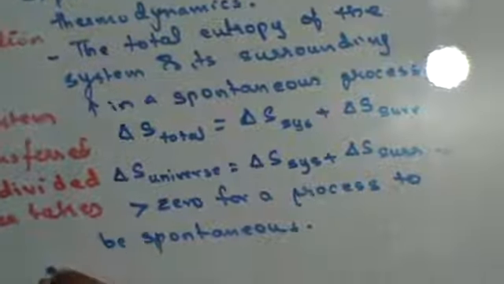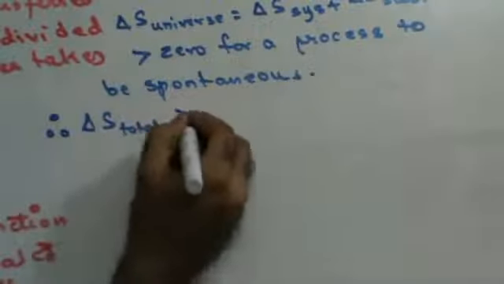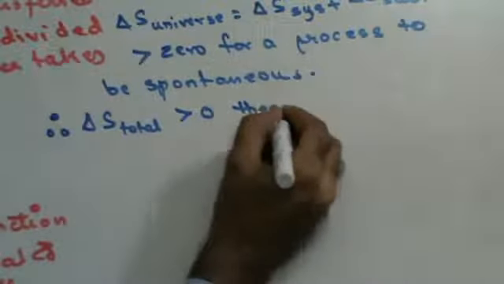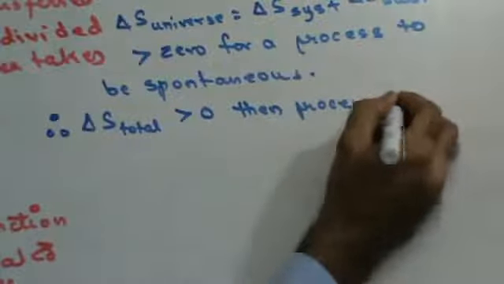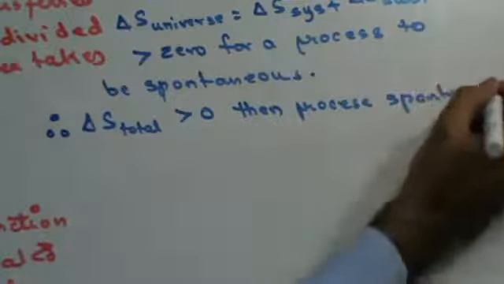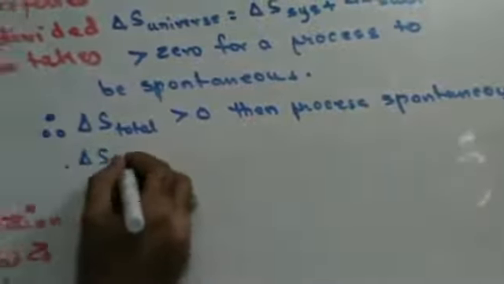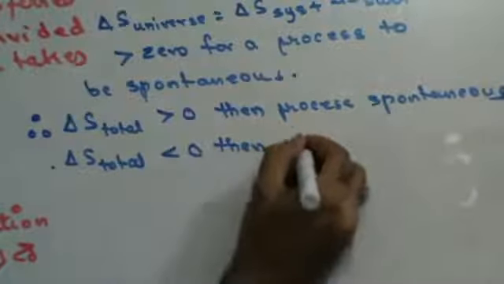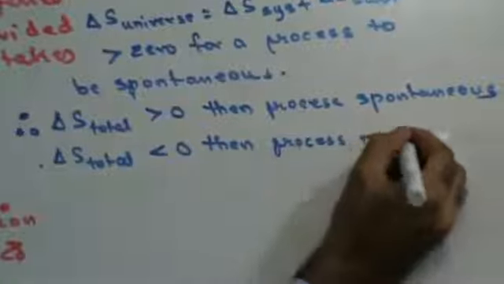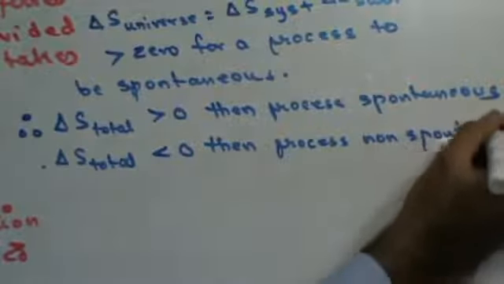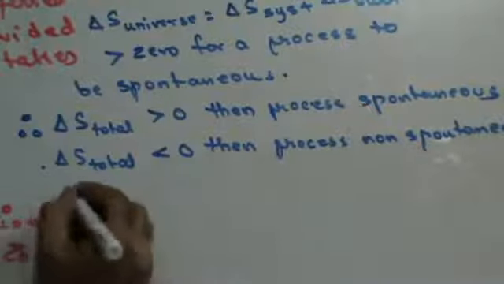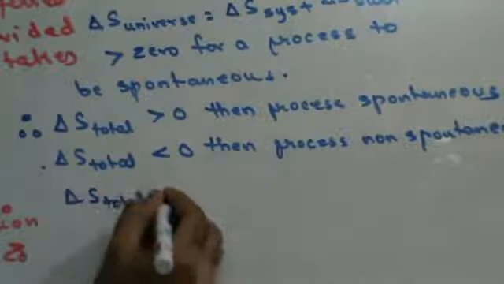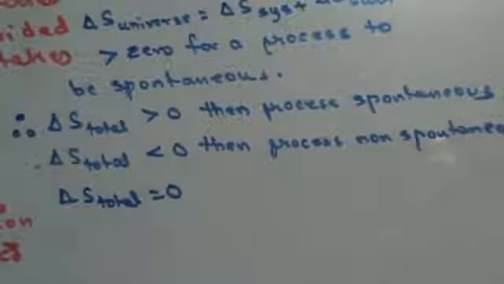Only then will the process be spontaneous. That means from second law of thermodynamics, I can say that if the total entropy is greater than 0, then the process is spontaneous. If the total entropy is less than 0, then the process is non-spontaneous, and if the total entropy is equal to 0, then the process is at equilibrium.